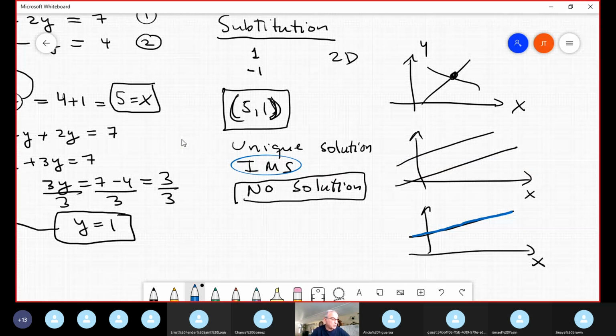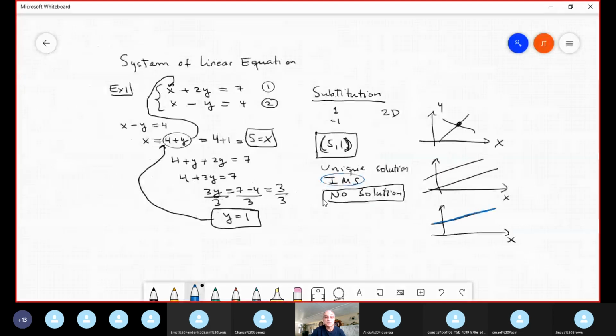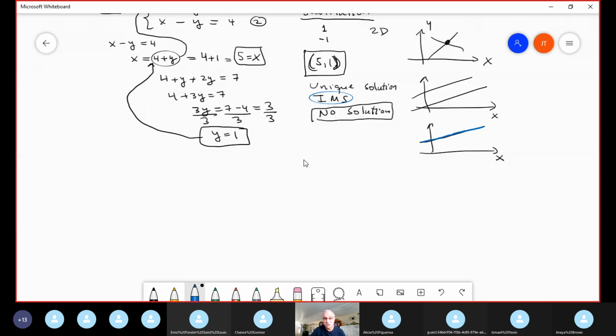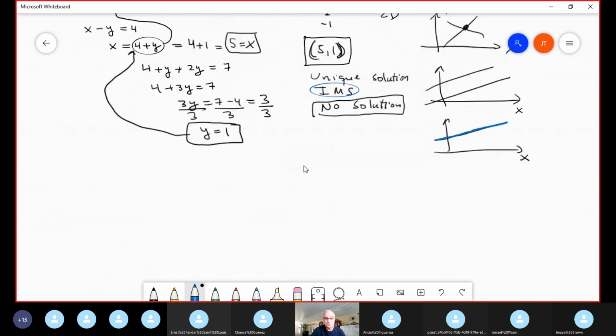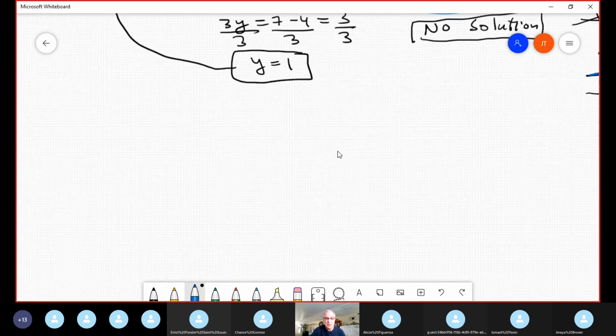I bring two examples to illustrate this very well. In 2 dimensions we have no solution or infinitely many solutions. How do you know that? The algebra indicates it. You do not necessarily need to draw the graph; you can, if you want, use Desmos, maybe. But no. Okay, let me go to example 2.